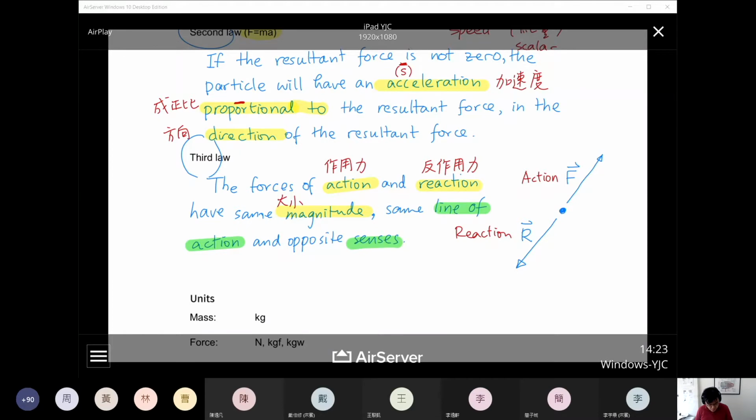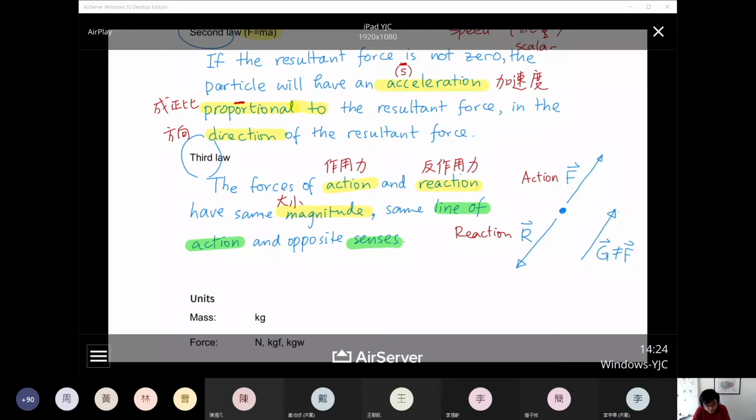So, line of action. If we have a force G here that is not equal to F, although they have the same direction, because they are on different lines, they are different.